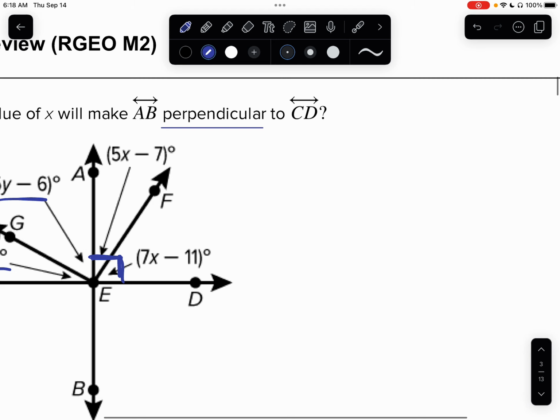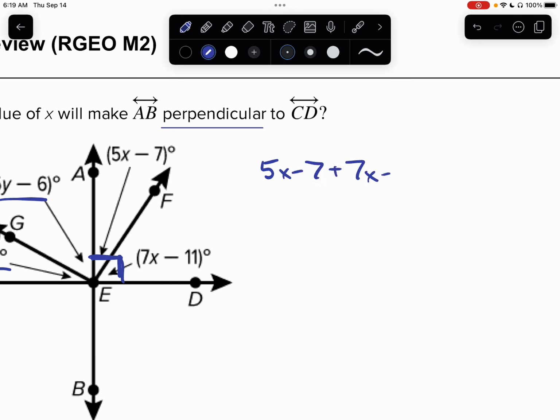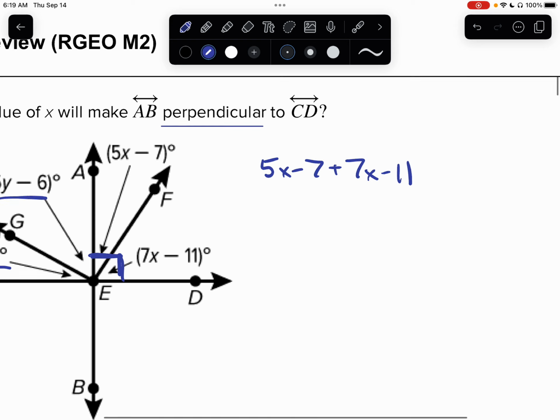So I'm going to set these two, add them up, equal to 90. So it'll be 5x minus 7 plus 7x minus 11 is going to equal 90. Again, I'm doing this because I know that if they have to be perpendicular, it has to form a right angle. And I just need to figure out what x is going to be in order for this to equal 90. So add these two together.